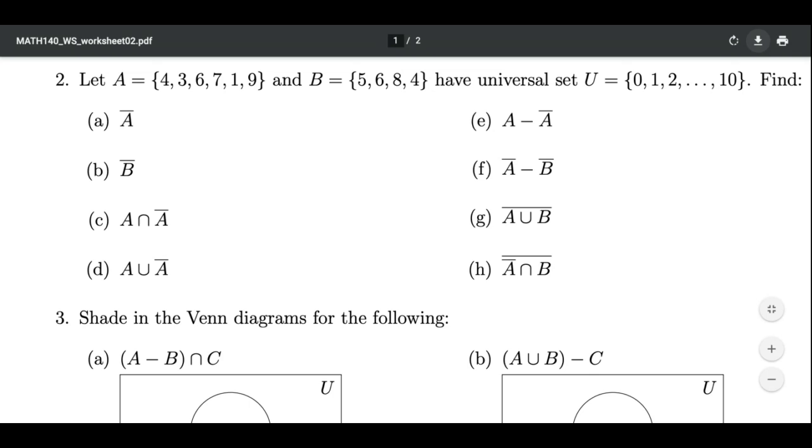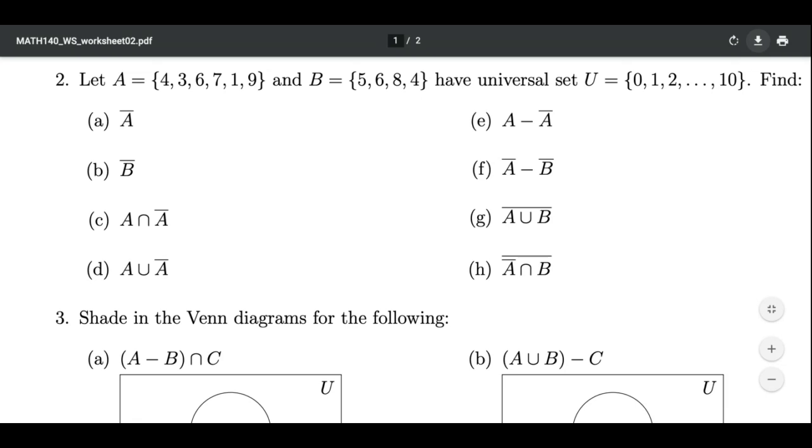That's a relative idea. A is a subset of U. We have the universal set. So A bar means U minus A. Usually we use this: the complement equals the universal set minus the set.